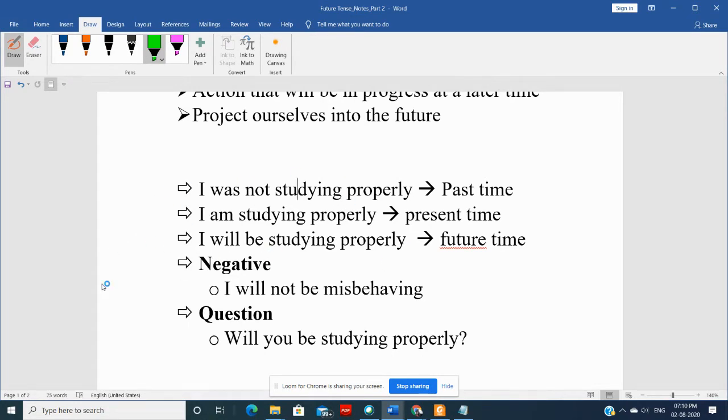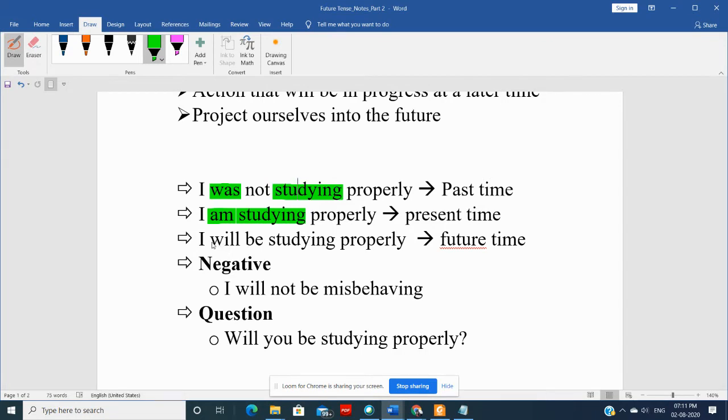See, when you want to talk about past, the to be verb you used was was. Okay? And action verb plus ing. Then, when you wanted to talk about present time, you use am and action verb plus ing, that is ing form of action verb.